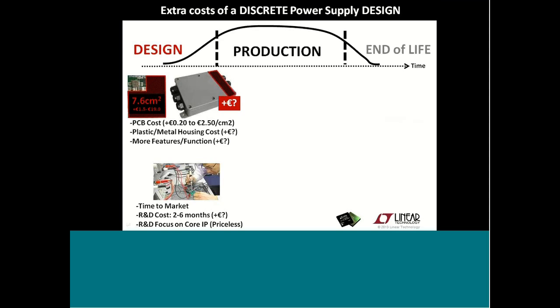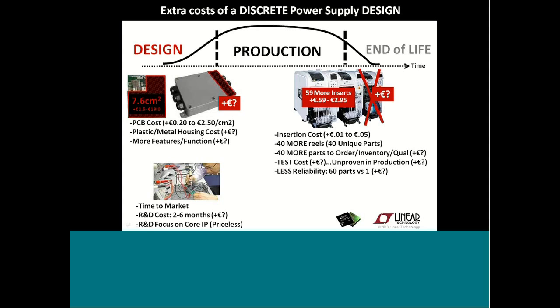The time to market is limited somehow by your R&D time. The R&D cost is usually a very high part of the cost of the whole application. And also, your R&D staff have a focus on their core competencies.